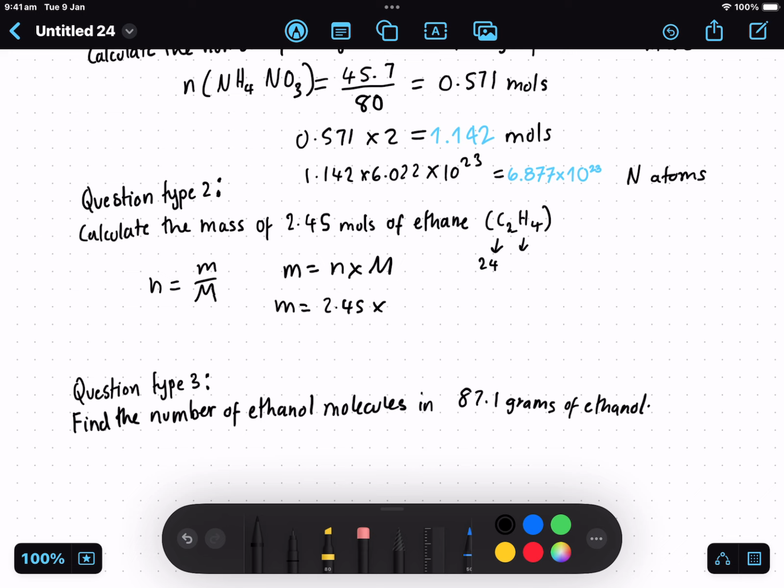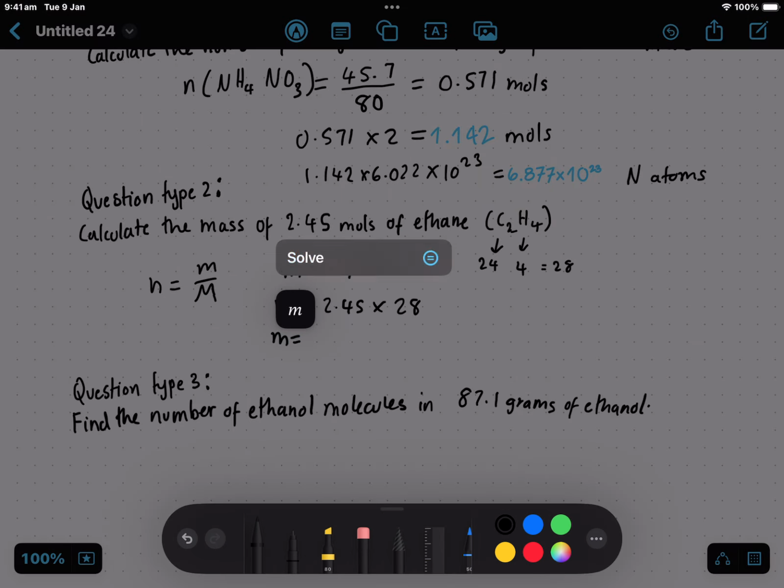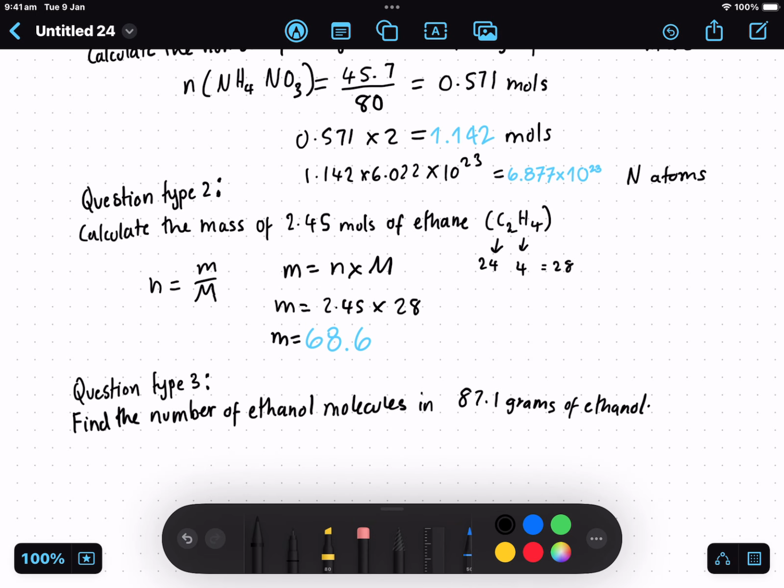Hydrogen has a molar mass of 1 times 4, which is 4. So our total molar mass is 28. So our mass is 2.45 times 28, which should give us 68.6. There we go. And don't forget your units, which is grams.